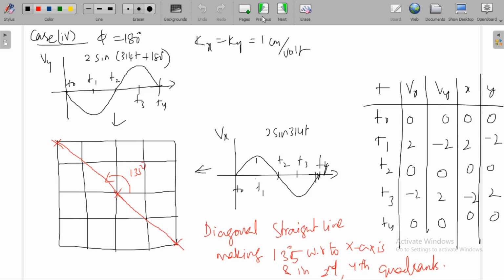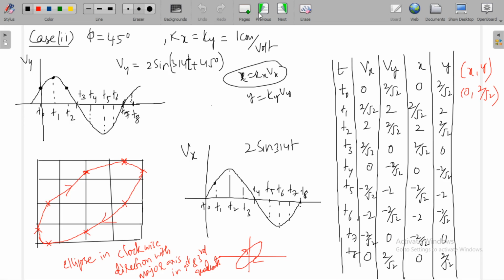Okay, here you can take this. Now what is the phase angle here? Let us find. If you have an ellipse like this, anyhow it is in clockwise direction, right? So I can find the phase angle.